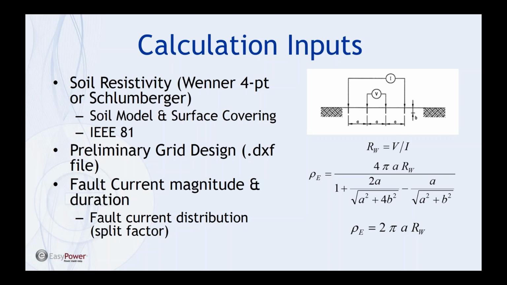Most software tools also come with a conductor sizing tool. IEEE and IEC both have standard conductor sizing equations which can be applied, and the output of that conductor sizing equation is generally the cross-sectional area of the conductors required for your design. 4-aught copper is generally the most common grid conductor size. 2-aught is also used, and some larger ones are also used.